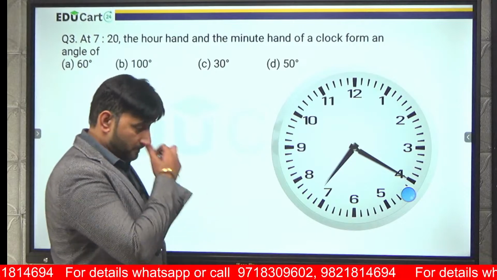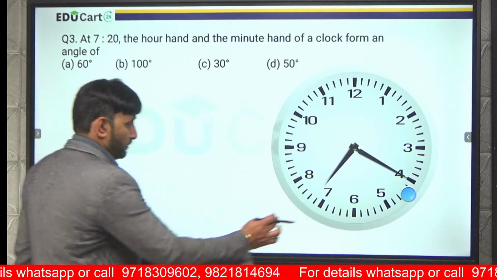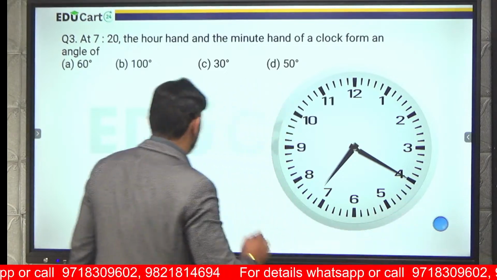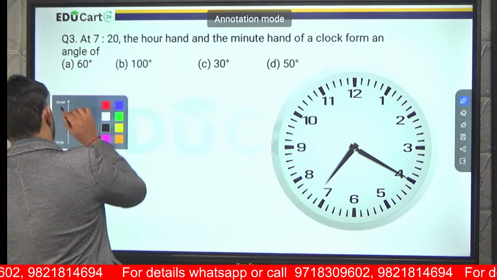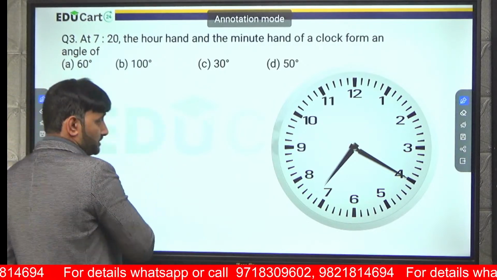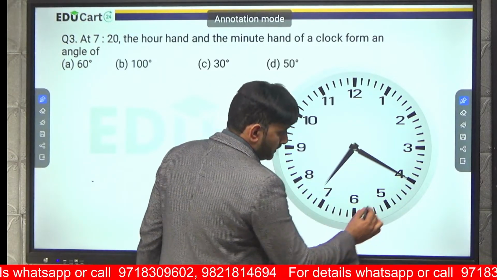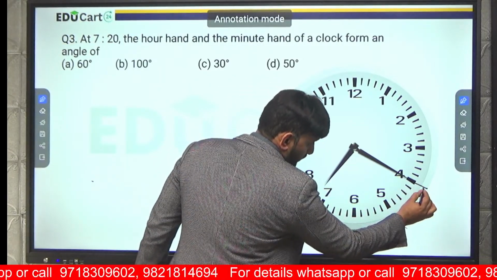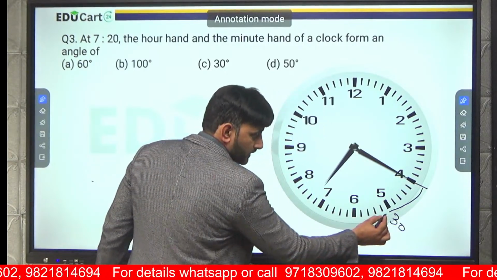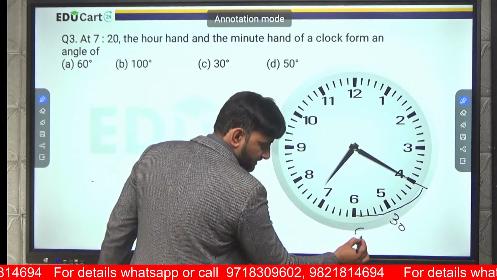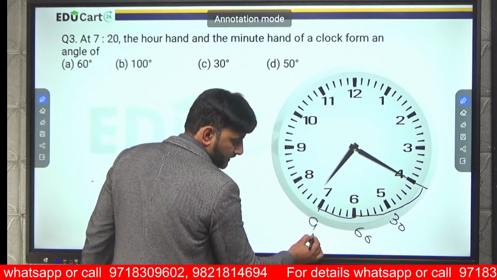So let us move further. Even if a student doesn't know the formula, what can be done here, my dear? At 7:20, this should be the situation. The minute hand will be exactly at 4. So what is the angle from 4 to 5? This angle will be 30 degree. Till 6, this angle will be 60 degree. And till 7, this angle will be 90 degree.